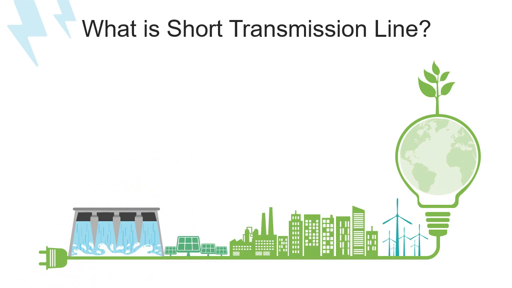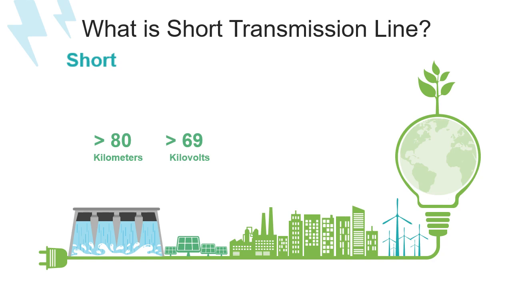Overhead transmission lines are classified as short, medium, and long length depending upon how the capacitance of the line is taken into account. Today, we will focus on the short transmission line. What is a short transmission line? A short transmission line is defined as a transmission line with an effective length of less than 80 kilometers or 50 miles, with a voltage less than 69 kilovolts.